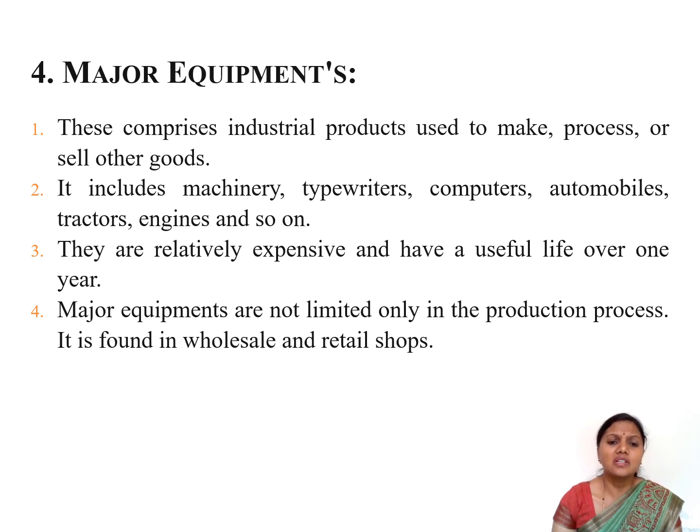They are also found in the wholesale and the retail shops. For example, typewriters, computers, etc. you will find in the wholesale and retail shops also, because it has become common nowadays to use computers for maintaining the accounts, for receipt generation and so on.